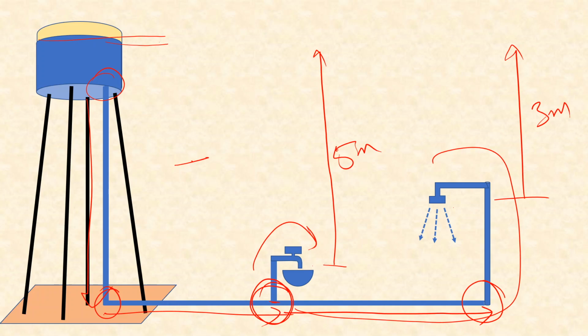T means the letter T because this joint looks like the T letter, therefore some loss will be there, and then this length, this bend, and so on.